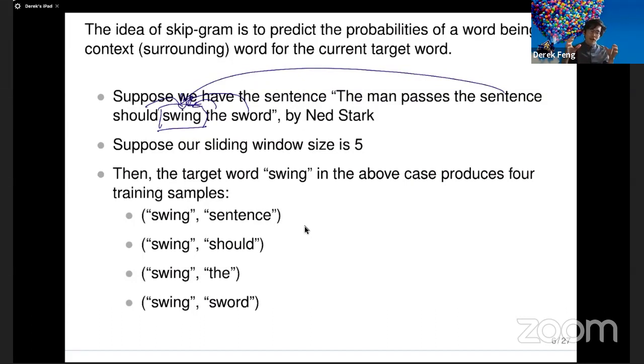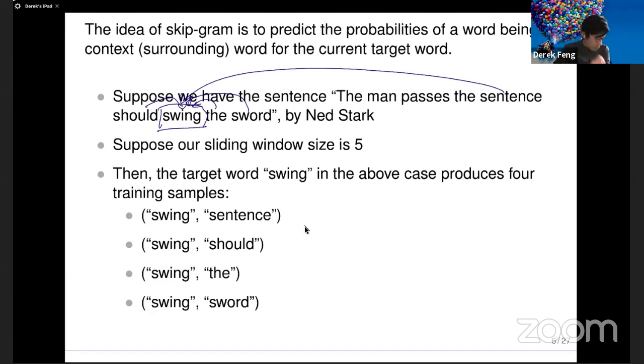If I want to predict the word swing, I'm going to use the words around it, not just the word behind it. It really is a heuristic; they just came up with this, and it works really well in practice. They find that picking a window size of 5 is good enough. Obviously, the larger your window size, the bigger your data set, so you're going to have a trade-off there.